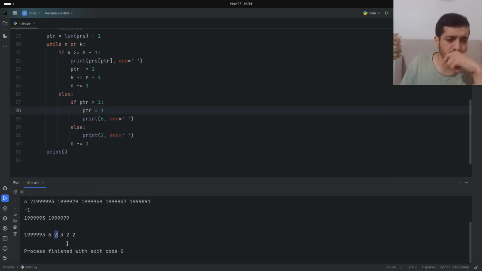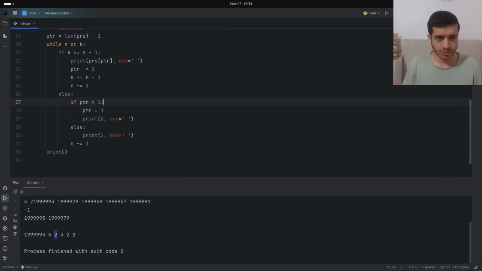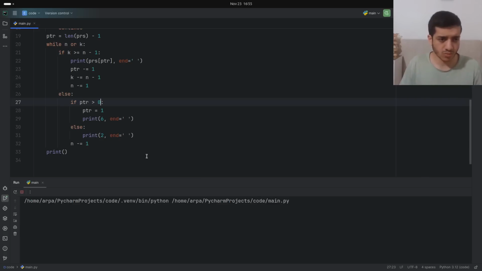What does this 2 mean here? First print some prime, then this one. Again, this wants to print this. Let me try this. Okay, this is working, I think.